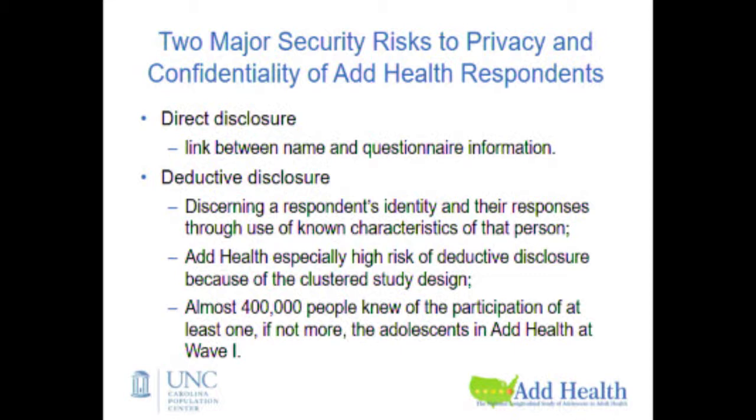One of the partners knows that their former boyfriend was in that study, and so they want to find out what that boyfriend said about, I don't know, other relationships they were having. And they know a lot about their former boyfriend. It'd be very easy for them to get a hold of the data, get into the data, and find those answers. So the risk of deductive disclosure is paired with the fact that somebody's in that study and you're motivated to find out what that person's responses are.